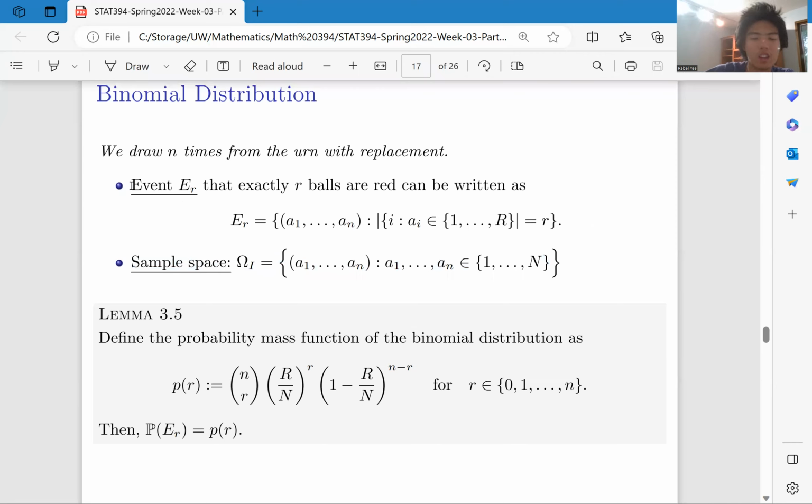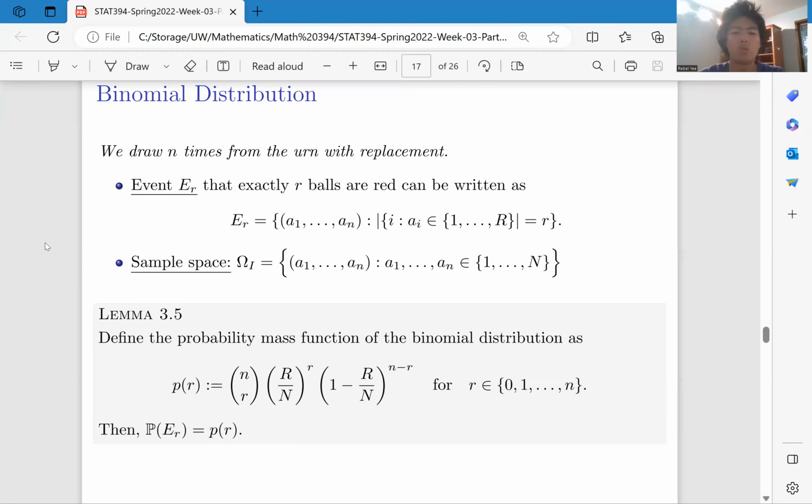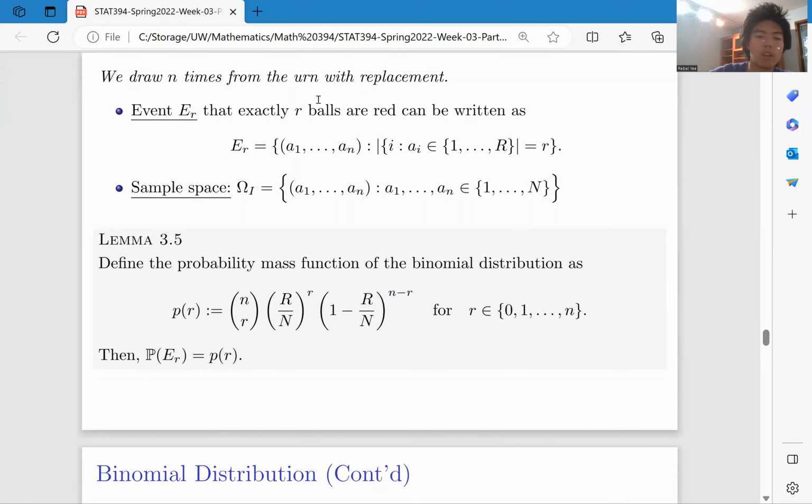And the event E_R, as we said before, contains the same number of terms as the sample space. The only difference is that the A's are in the red set, not in the white one. And we get a very quick formula here.